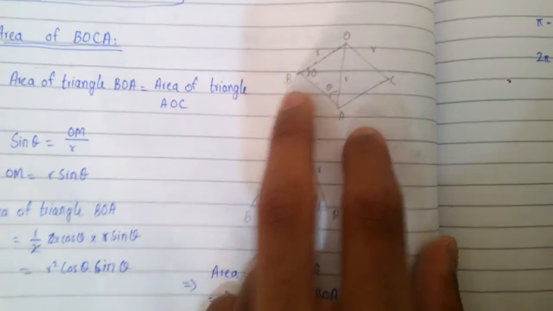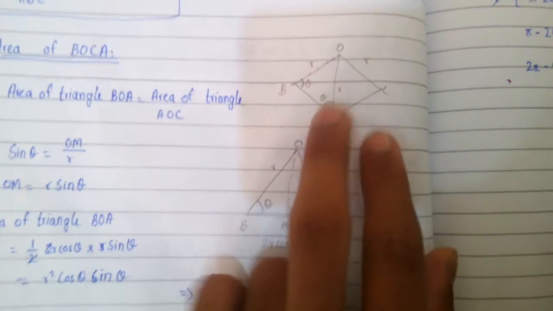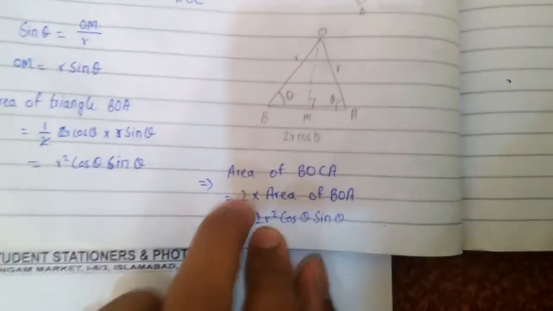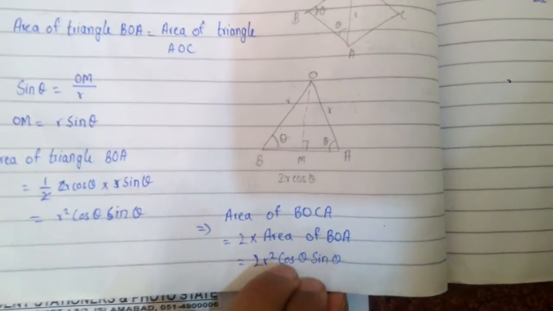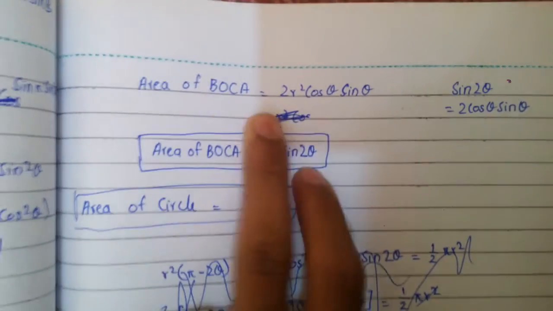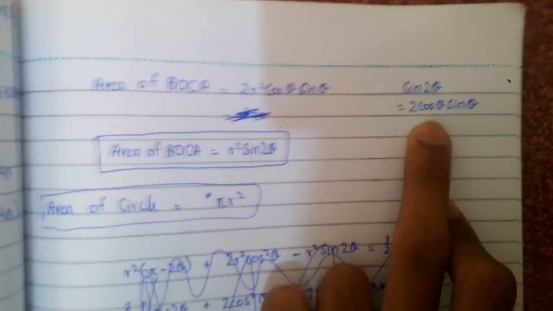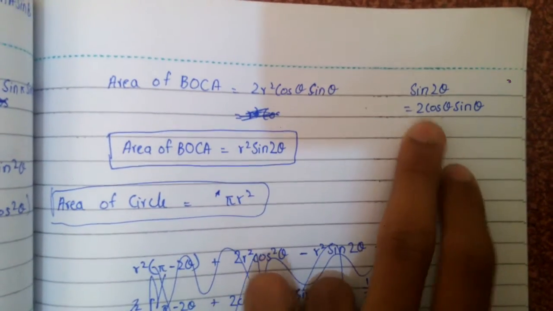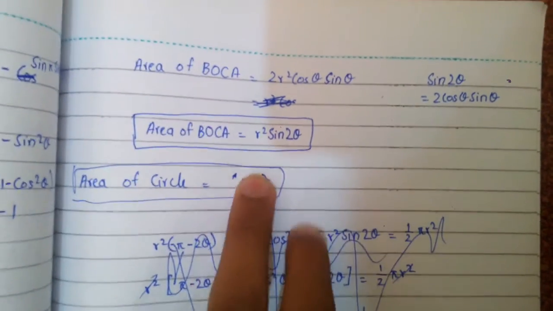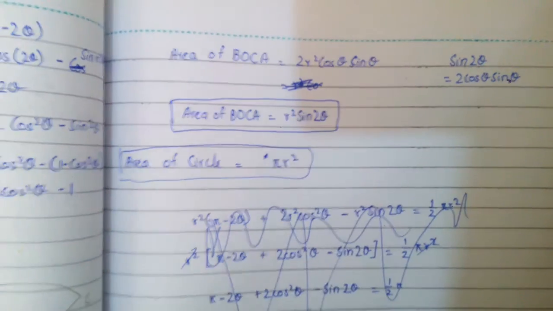The area of BOCA will be twice the area of BOA because these two triangles are equal, which gives us 2 times R square cos theta sine theta. We know sin 2 theta is equal to 2 cos theta sin theta. So we substitute sin 2 theta here, which gives us the area of BOCA is equal to R square over 2 times sin 2 theta.